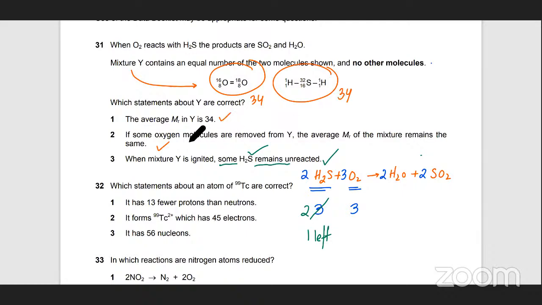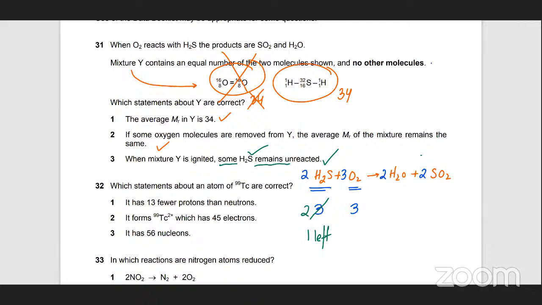If you remove some of the oxygen molecules, let's say I remove the oxygen molecule from the mixture, you're only left with 1 molecule of H2S. What's the average MR now? It's still 34. Is this clear? Okay, so it's still coming out to be 34.